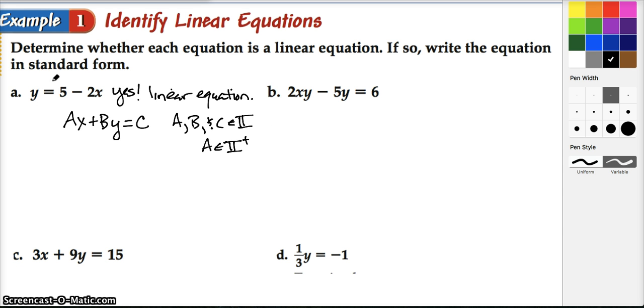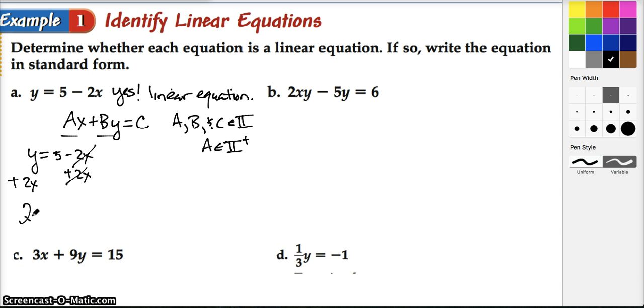To do that, I'm going to take this y equals 5 minus 2x. I'm going to move the 2x over to the other side because, remember, I want an x term, a y term, and I want it all to be equal to a constant term. So I'm going to get rid of the 2x by shifting it, adding its opposite.